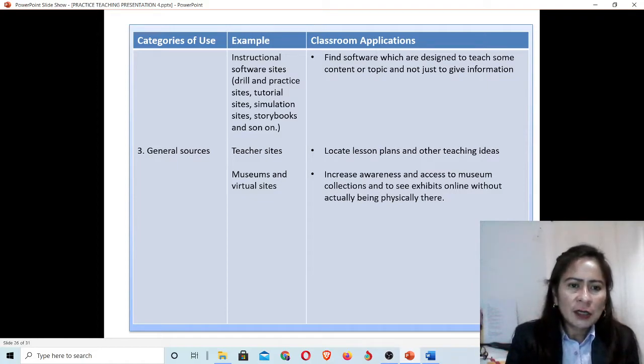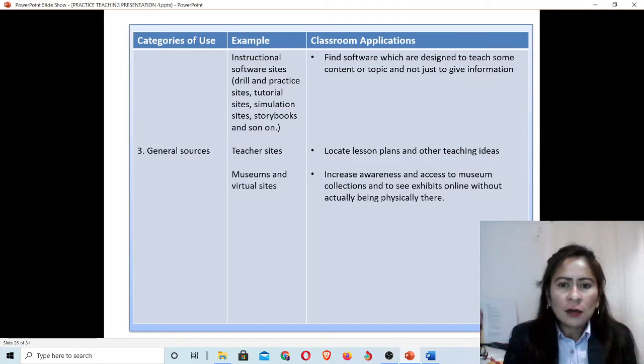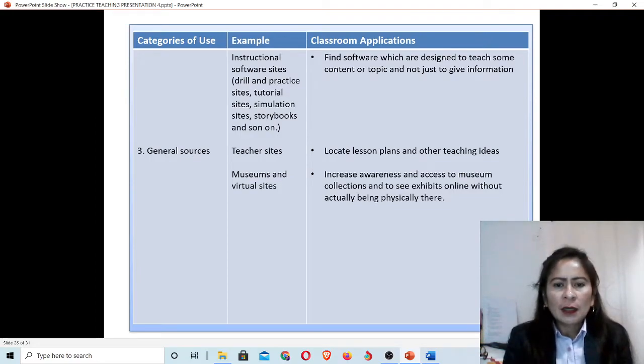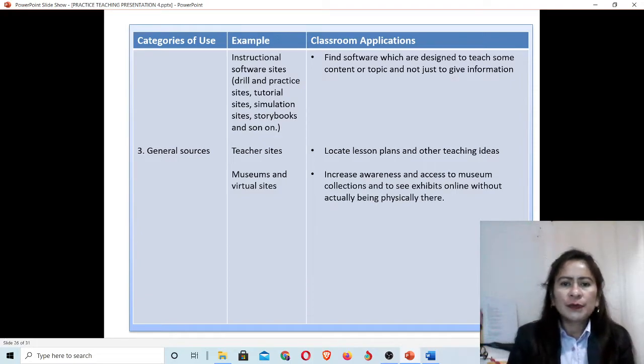Third, general resources or teacher sites, where you locate lesson plans and other teaching ideas. Museum and virtual sites increase awareness of and access to museum collections, and let you see exhibits online without being physically there.